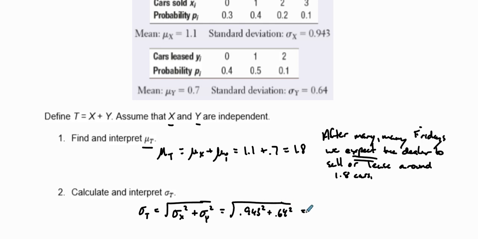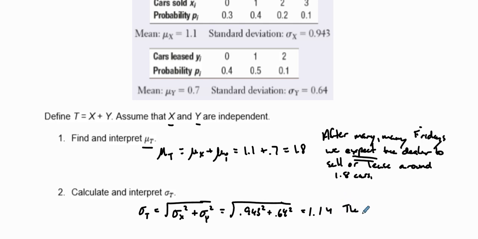You would put this into your calculator, 0.943 squared plus 0.64 squared, and I got about 1.14. I'll round to 1.14 cars. And so what does that mean?